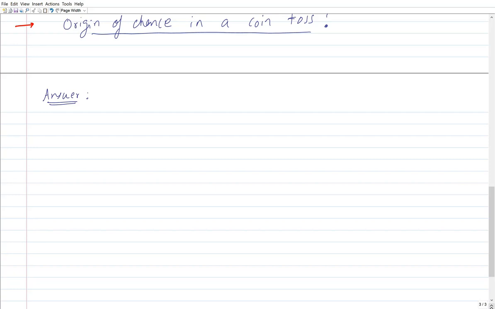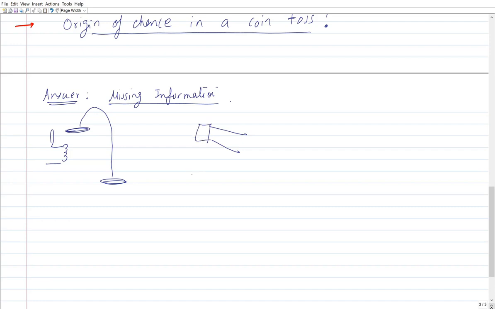Well, the answer, if I may say, is the missing information. To appreciate this point, imagine I have the coin toss. This was my coin. And imagine I had these fantastic CCTV cameras tracking the motion of the coin right from the time I launched it from my hand.